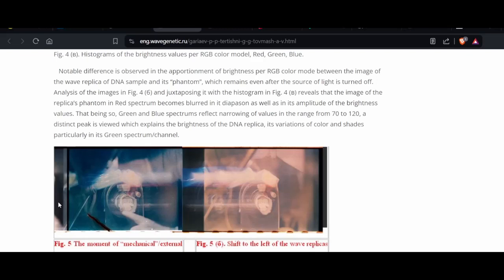So it was on the right side, you disturb the camera, you move it a little bit, or the sample. The phantom disappears, and then it reappears on the left side. I'm not sure if they ever found a way to figure out why that happens, just that it did.